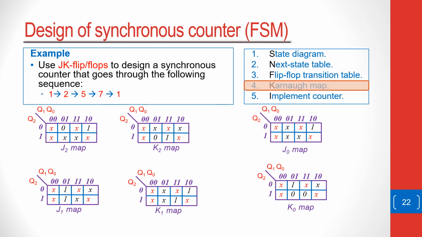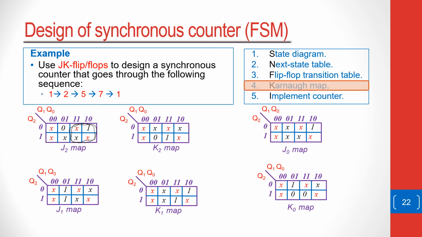Now the first one that we need to look at is the map for J2. In the map for J2 we can reduce this standard sum of products by grouping the ones, and we can group this one by making the largest possible group involving a 1, which has 4 items.